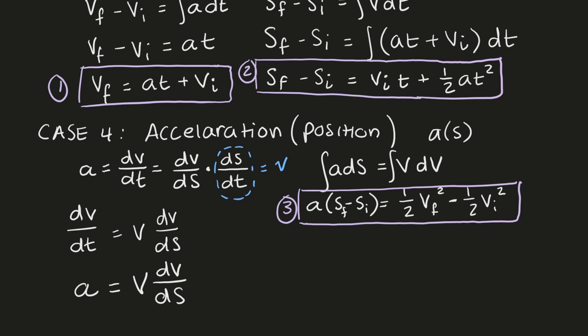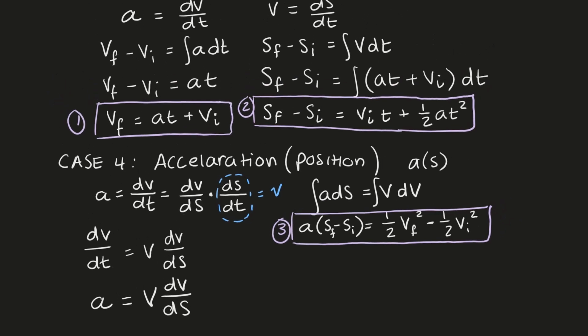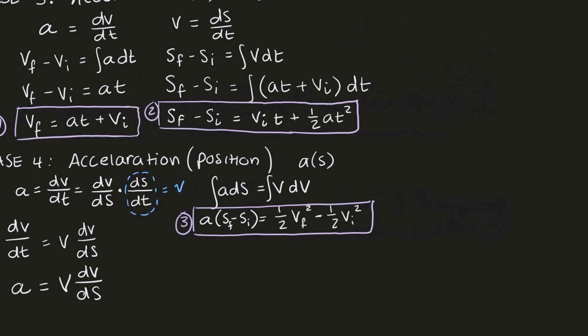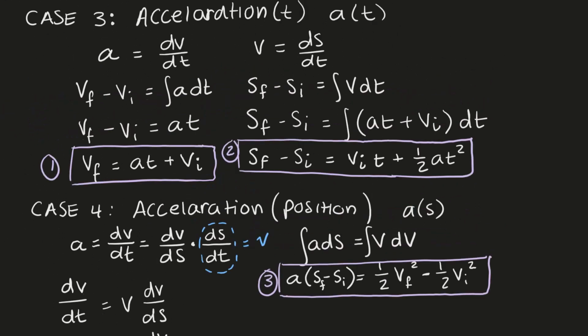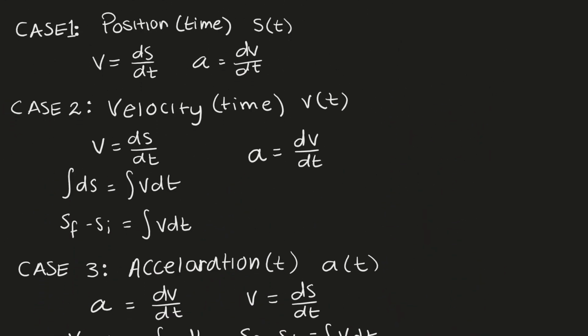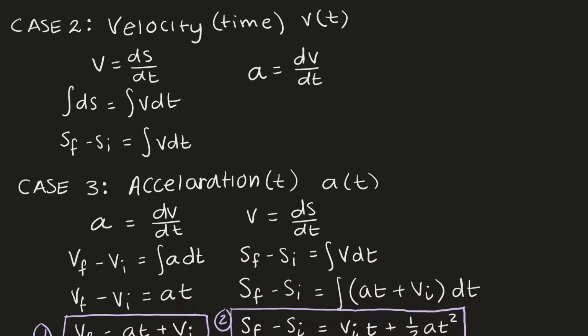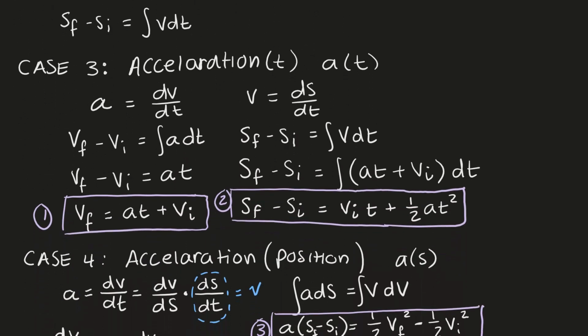But obviously, those can't be presented to high schoolers who haven't yet taken calculus, or perhaps are in the midst of taking calculus. Well, there you have it, y'all. So we have 4 different cases: position in time, velocity in time, acceleration in time, and then acceleration in position.